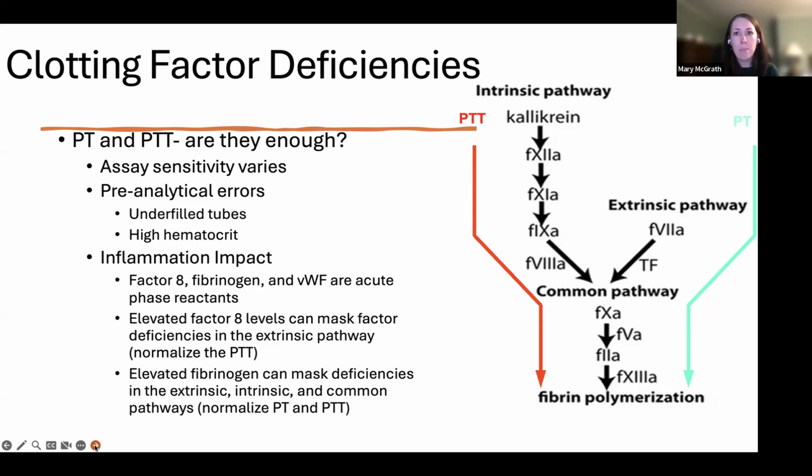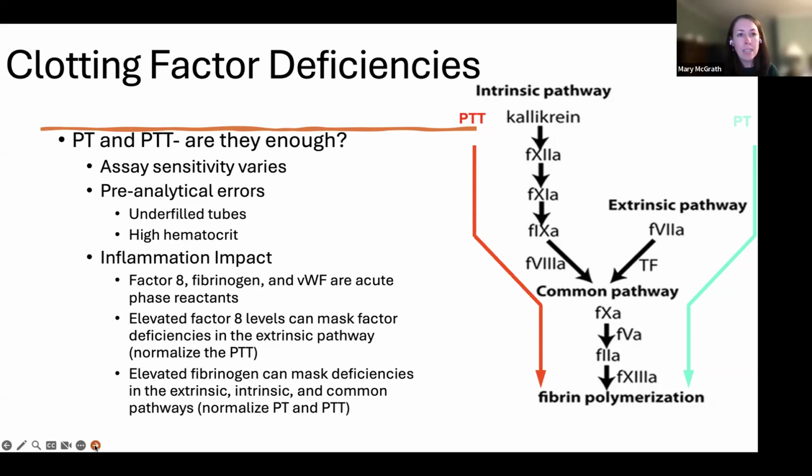Likewise, for patients with really high hematocrit, so kids with congenital heart disease or patients with myeloproliferative disorders, you're creating the same effect as an underfilled tube. When you have a really high hematocrit, you have relatively less plasma being collected in that tube. And so again, the citrate concentration is going to be higher than it needs to be, and you can have falsely prolonged PT and PTT assays.